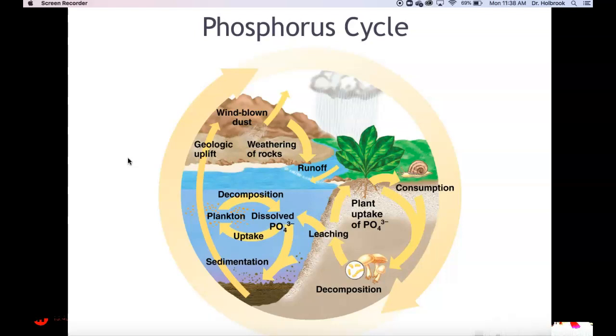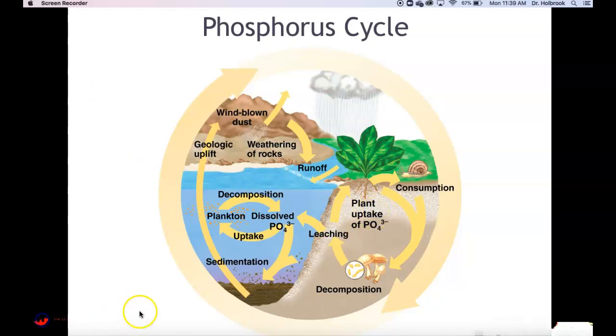There are also large quantities of phosphorus in the soil, in the oceans, and just in living things in general. And because the soil particles bind phosphate, the recycling of phosphorus tends to be quite localized in the ecosystem.